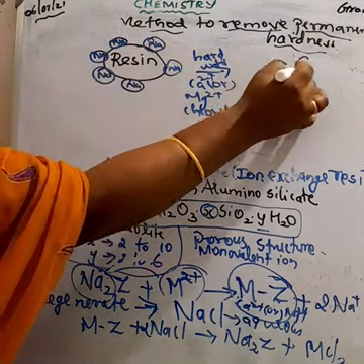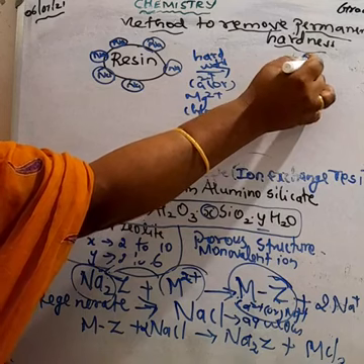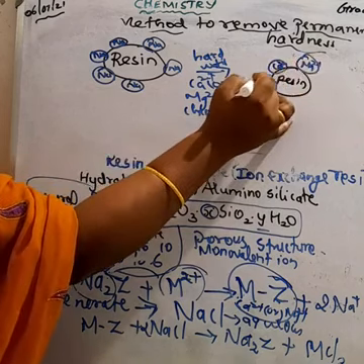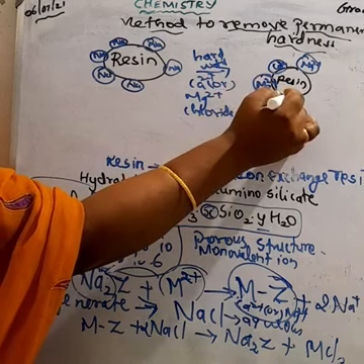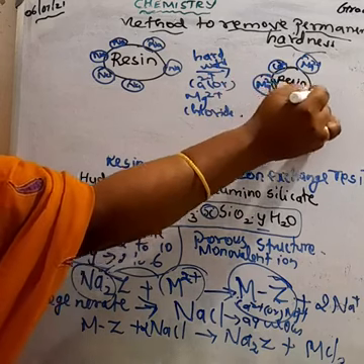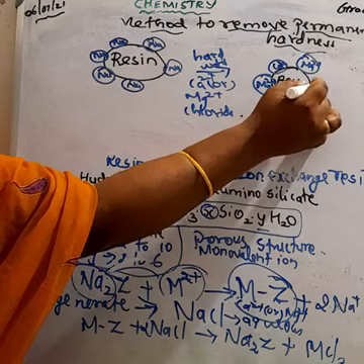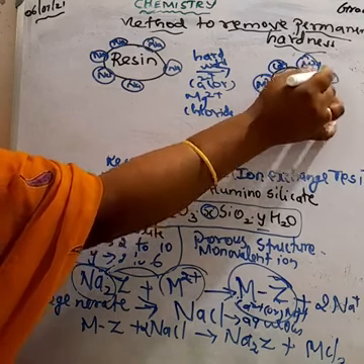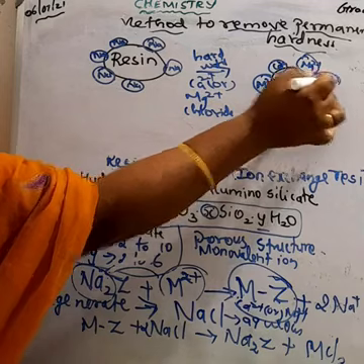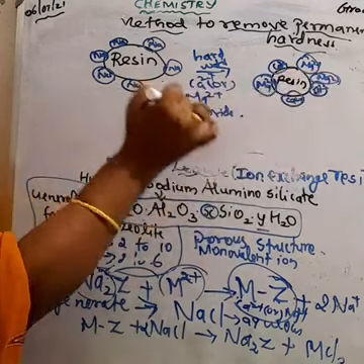Okay, so how can we remove the hardness of the water, the permanent hardness? What is the process here? Ion exchange method. Here we regenerate this resin by adding sodium chloride.